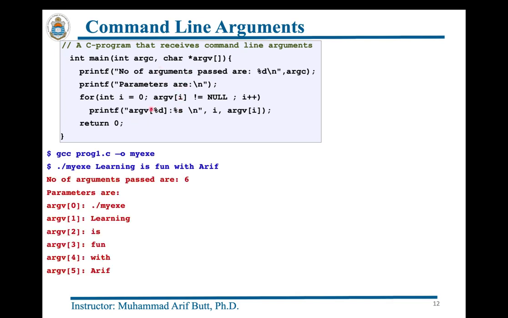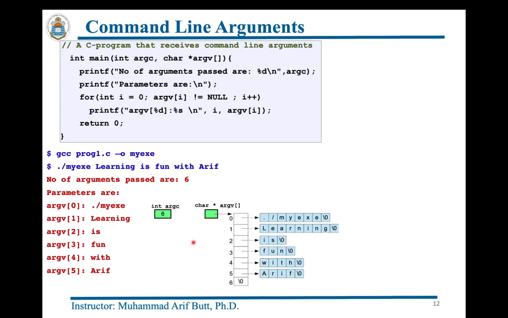Well, if we run this executable something like this, ./my_xz learning is fun with Arif. So this is the expected output of this code. And this is the pictorial layout for your understanding. The first argument argc contains the count of the arguments passed: 1, 2, 3, 4, 5 and 6.